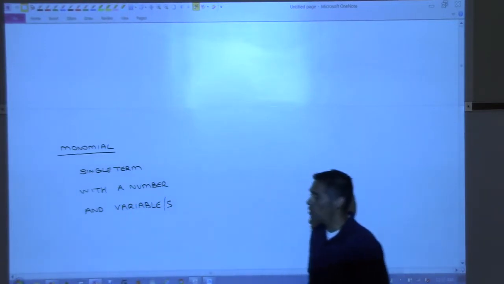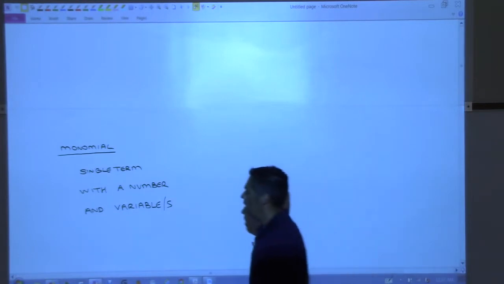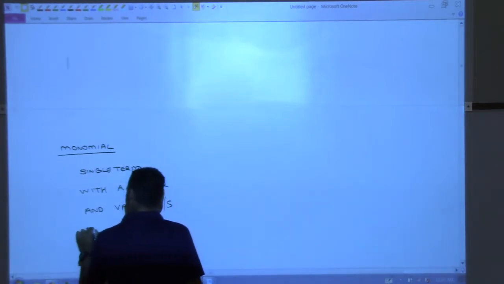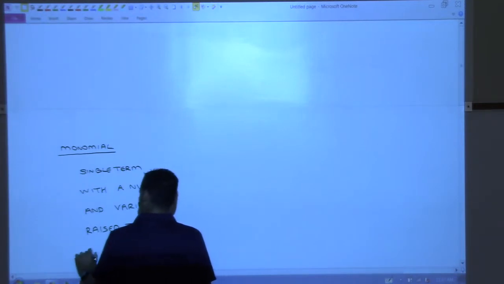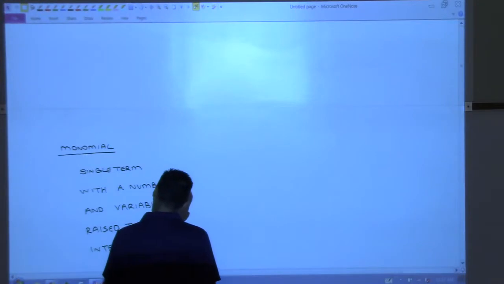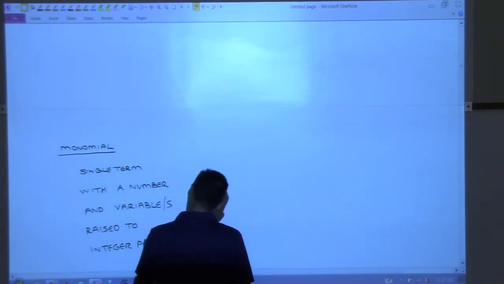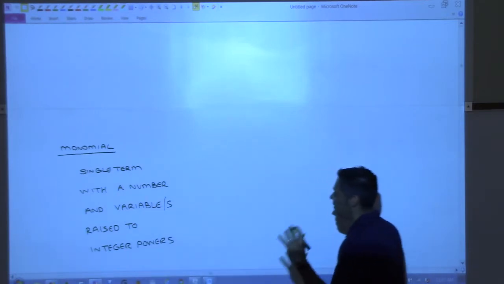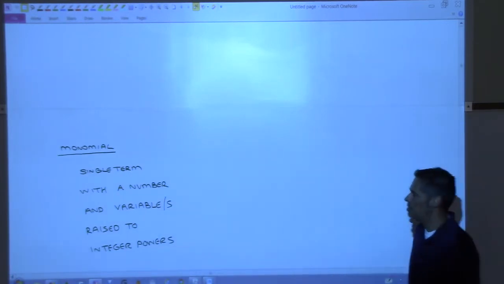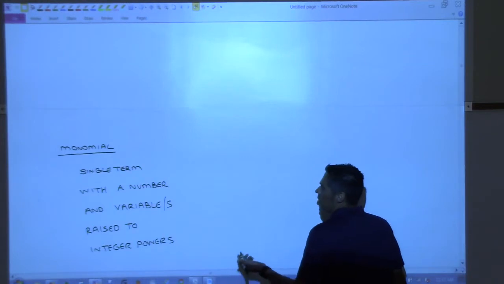It could be one variable or more variables raised to integer powers. Now, this is getting too technical. I'm not going to quiz you or anything on this stuff, but let's just look at some monomials.